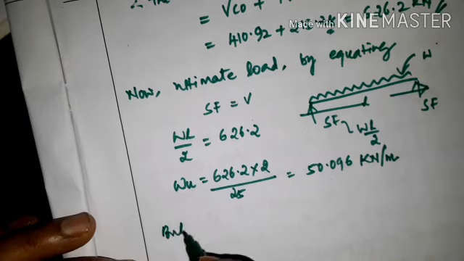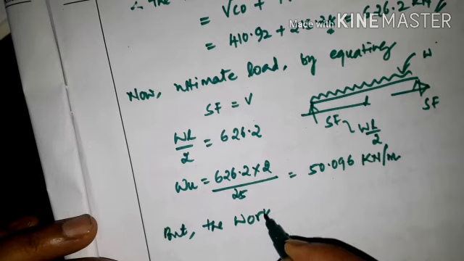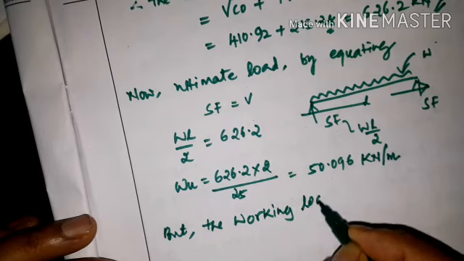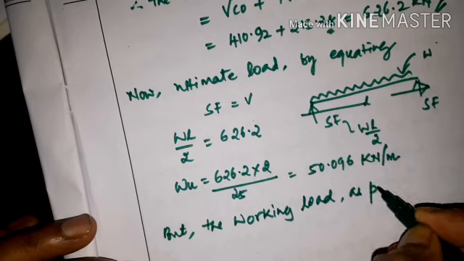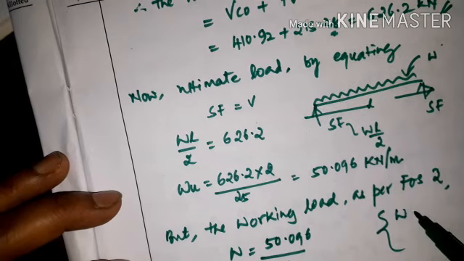But the working load as per factor of safety 2: this is WU, the ultimate load.